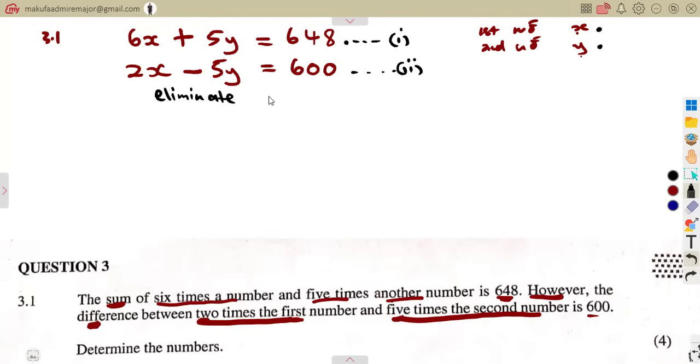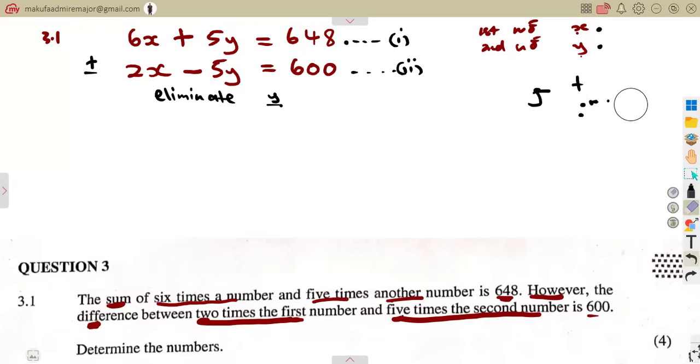But how can we eliminate y? To eliminate is to remove that y. So the question is, how are we going to remove this part? Are we going to add the 2 or are we going to subtract? If we subtract, I want you to see, it was going to be 5y minus 5y. You haven't eliminated because it will be a plus.